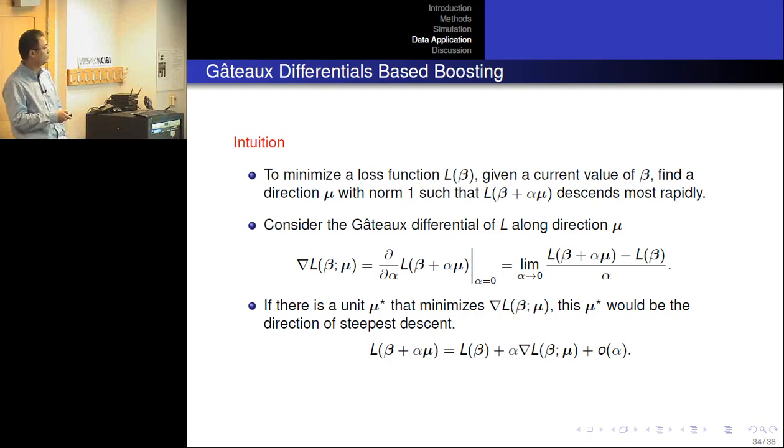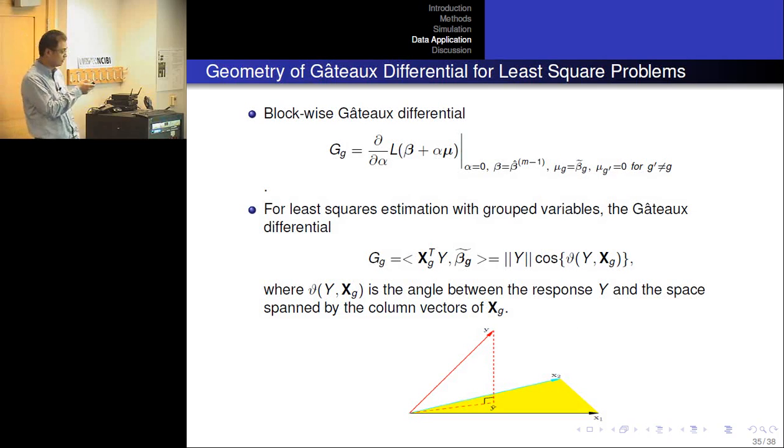The idea is that we use the Gâteaux differential to rank the variables. Why we can do that is because if there is a block-wise update direction that minimizes this Gâteaux differential, then this direction would be the direction of steepest descent, just based on the first order expansion. That's why we can use this block-wise Gâteaux differential to rank different groups of variables.